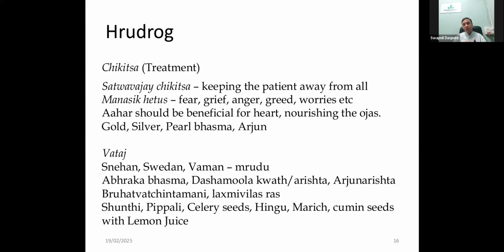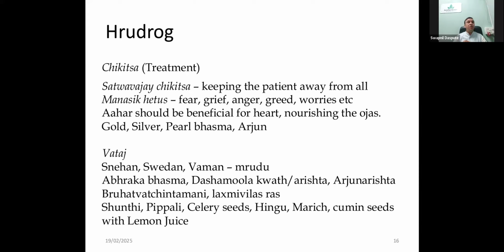So a skilled, experienced practitioner should use Vamana only in milder form, and when he or she has learned how to use it with efficiency in Rudroga. Okay, so Snehana, Svedana, Vamana, if the doshas are aggravated to that level.